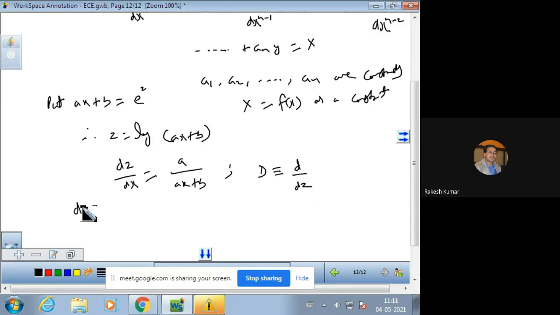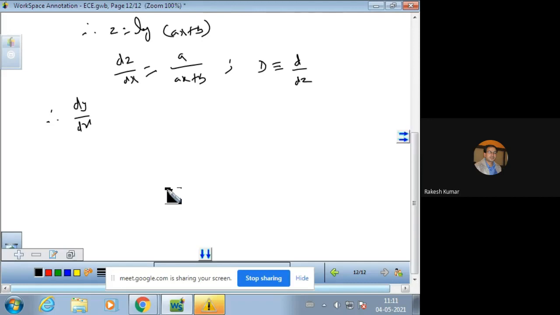Now, from this, we will be able to compute dy by dx, and dy by dx will be dy by dz into dz by dx, and this comes out to be dy by dz into dz by dx, which is a over ax plus b.